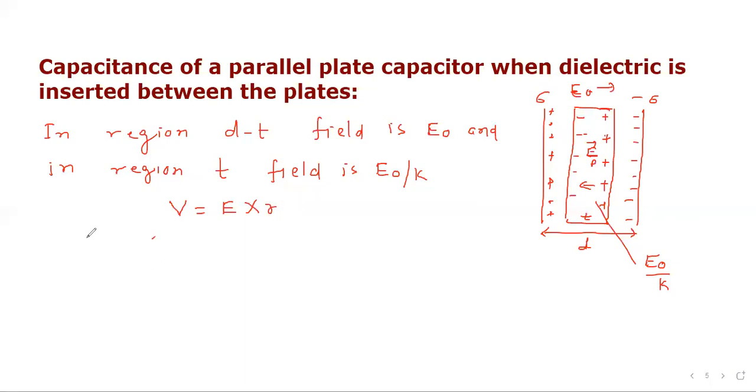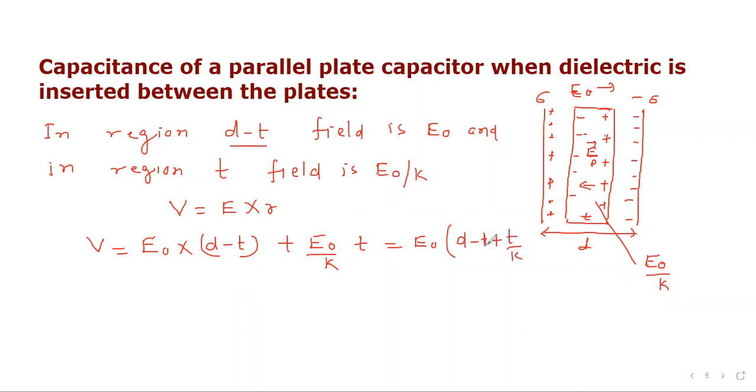Now V equals E0, and the distance over which E0 is extended is D minus T, plus E0 upon K, and distance is T. Now we can take out E0, then D minus T plus T upon K will be left.